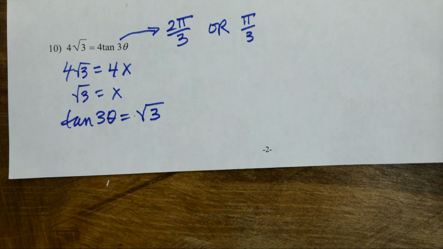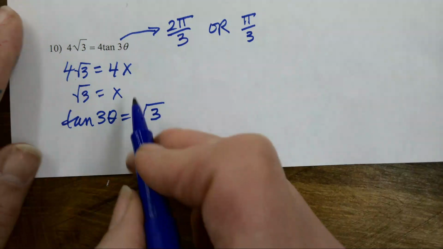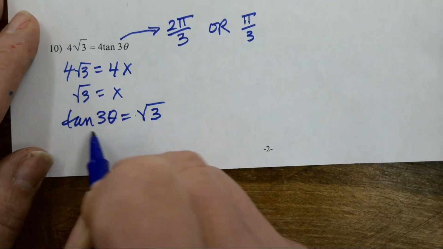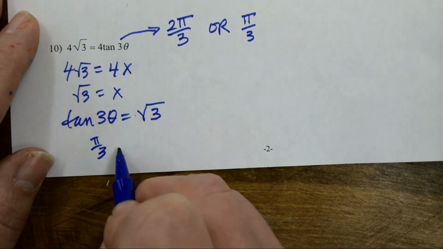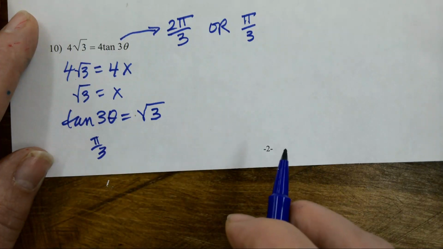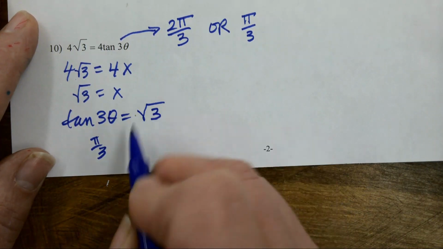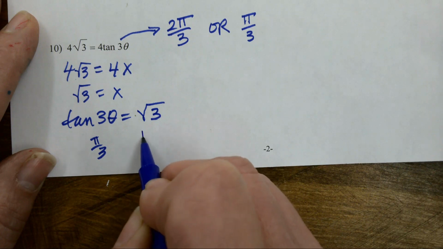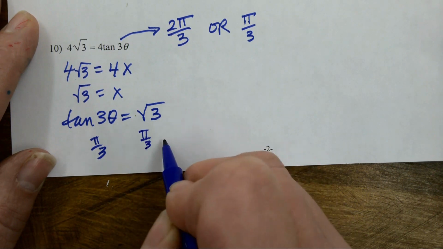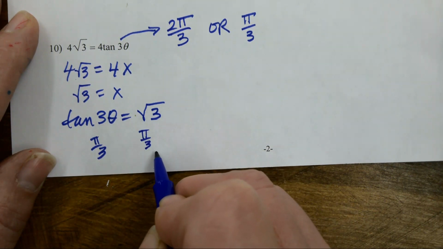Remember, it's sine over cosine, yep, pi over 3. So that's when you put the square root of 3 over 2 over 1/2. And this is the pi over 3. So this is pi over 3 family. When is the tangent positive? First and third. So this would be pi over 3 and 4 pi over 3.